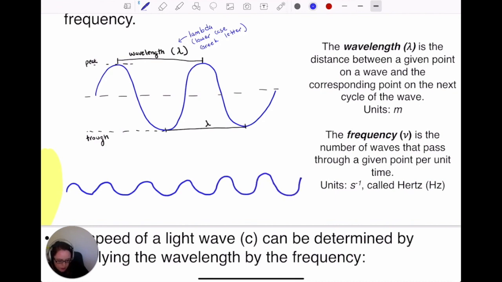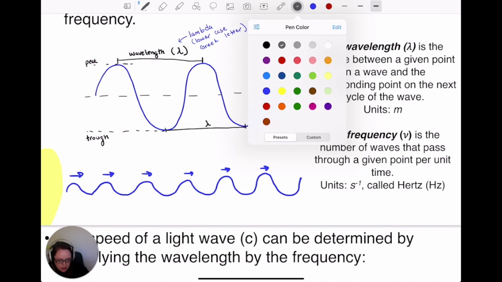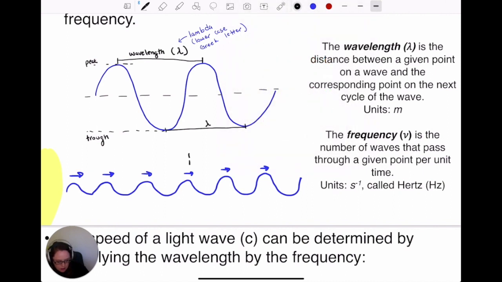Here the wave is always moving, and what I have drawn is the forward, or left to right, direction. Okay. So I can pick a point in space, and then I want to see how many of those peaks pass through that space per unit time.